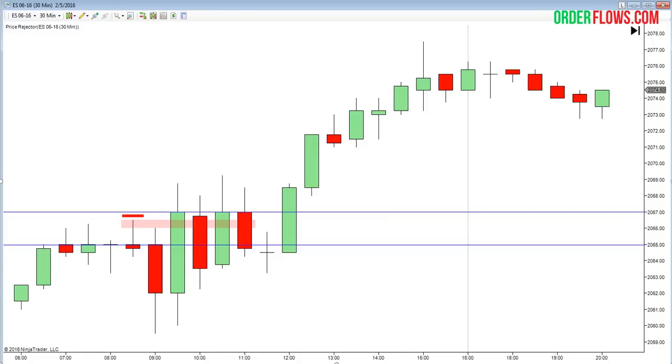Okay, so here I want to show you, this is an E-mini 30-minute chart. The point that I want to make is it can work with longer-term, longer duration charts. And the point that I'm trying to make here is, are you willing to accept a small risk on a trade for a potential large reward?